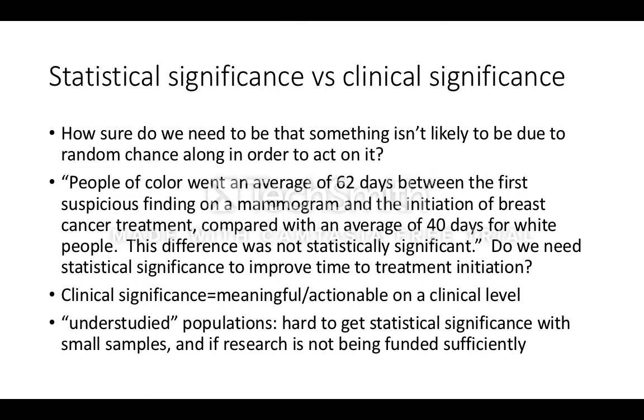We don't have enough funding to do a full-on clinical trial with enough participants that it's likely to produce statistical significance. We might have money to do something like a case study, and we might not have statistically significant results. But again, just because the results aren't statistically significant doesn't mean they aren't clinically significant or actionable.